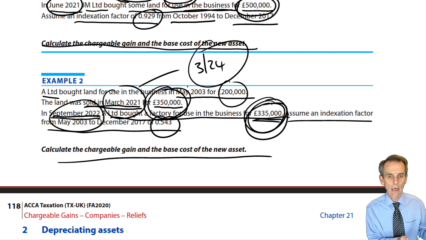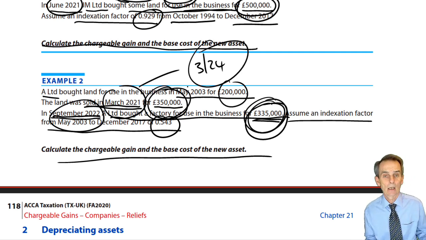We just go back to the accounting period in which the gain arose, and how much of that, maybe all of it, can then be deferred, and that means that the profits for that period are reduced by that amount. Those profits presumably would have already been taxed at 19%. That was the only corporate tax rate that we need to be aware of. Then that tax has already been paid, but we've now removed that gain from chargeability.